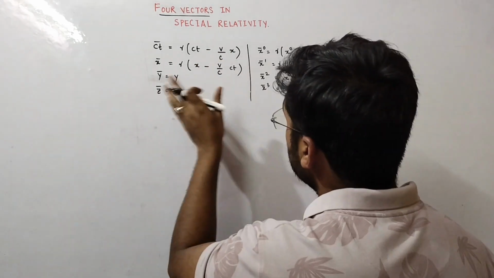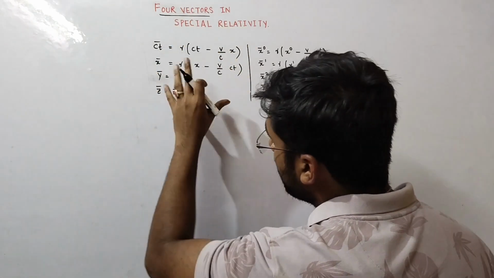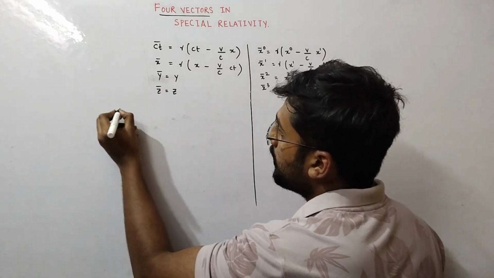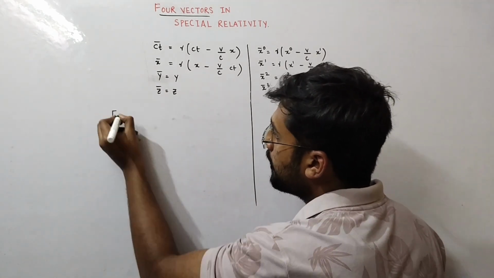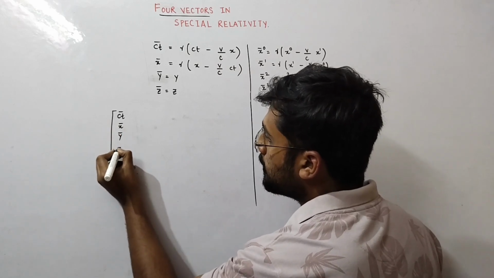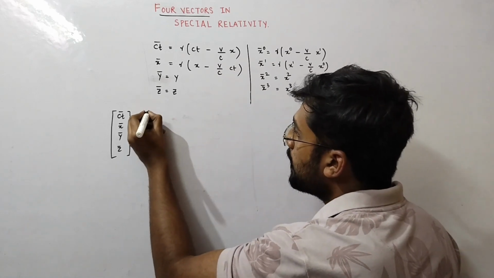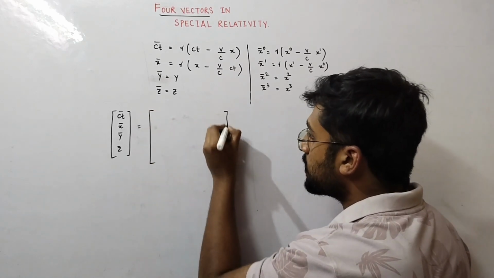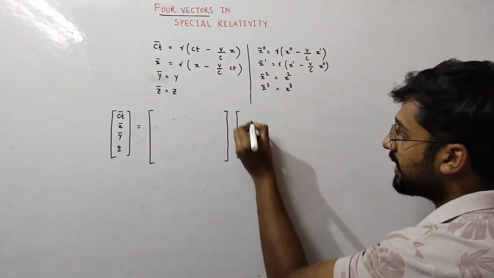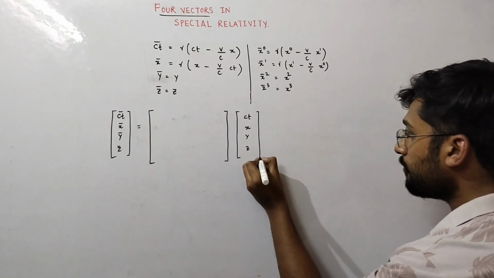Right, okay. Now we'll express this equation in matrix notation. Please follow what I will be doing. This can be written as Ct bar, x bar, y bar, z bar, which is equal to some transformation matrix that relates this set of variables with this set of variables Ct, x, y and z.